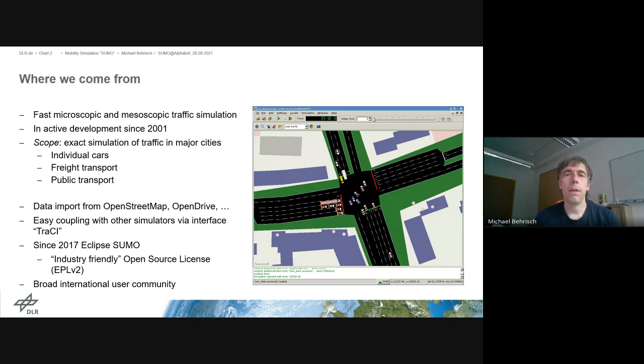Then when the project got a little bigger, people here at German Aerospace Center asked, where is this heading to? How do we develop this further, also organization-wide? We started to look around for how we can involve more people so that it's not only a DLR project.